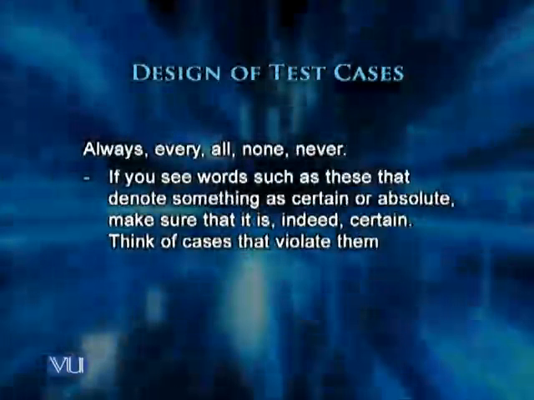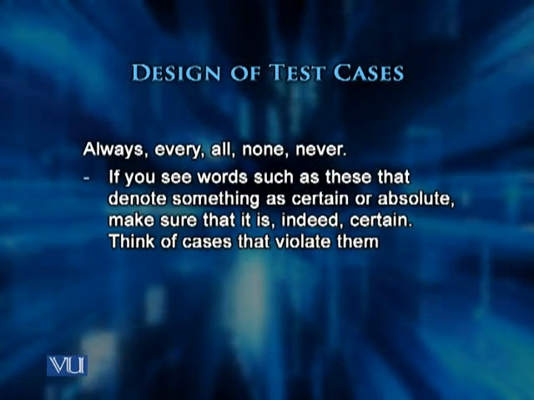Now, before you develop test cases, make sure that indeed that certainty is meant and conveyed in those situations. As a good test case designer, you should try to think of cases that violate this certainty.